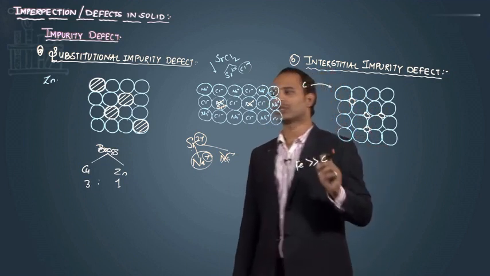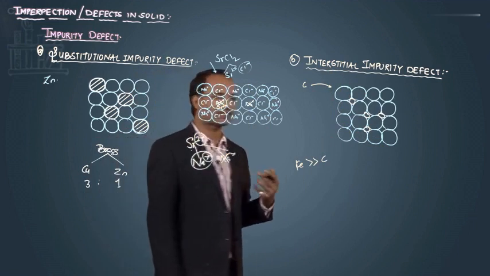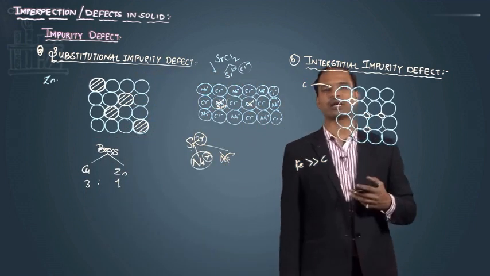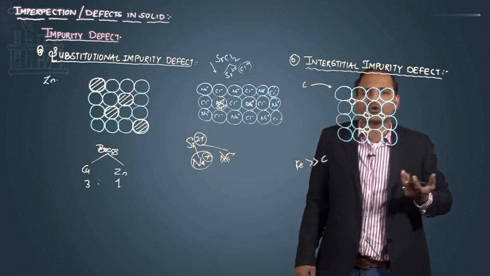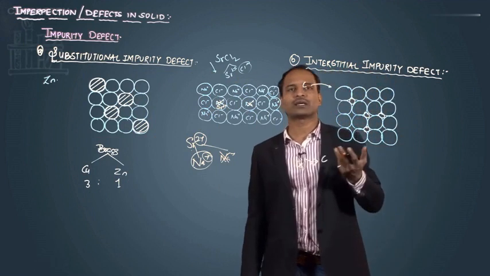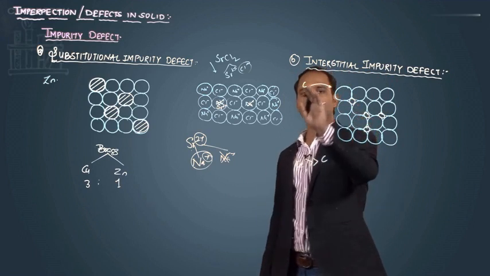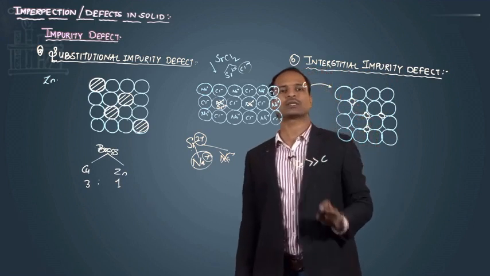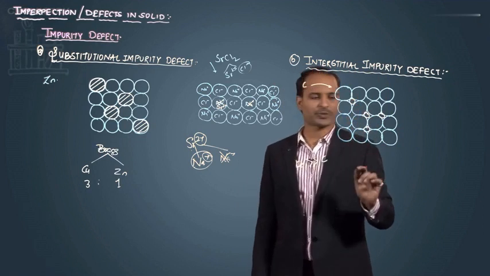Pure iron is considered soft iron. So to increase the hardness of the iron, carbon is added, and it occupies the interstitial spaces, so the structure becomes more compact and the hardness increases. So an interstitial impurity defect is one in which the added impurity, being smaller in size, occupies the interstitial spaces.